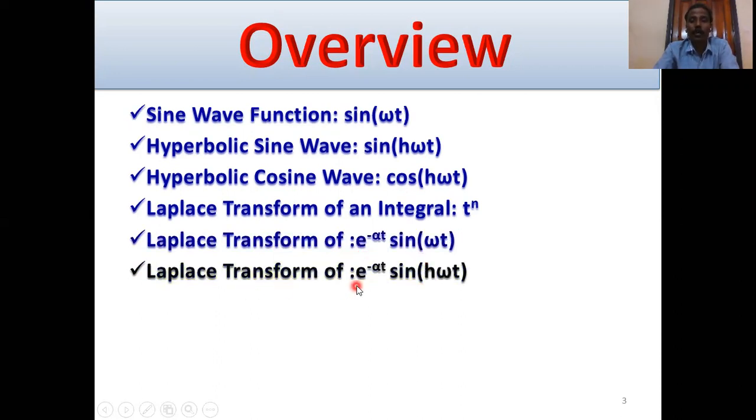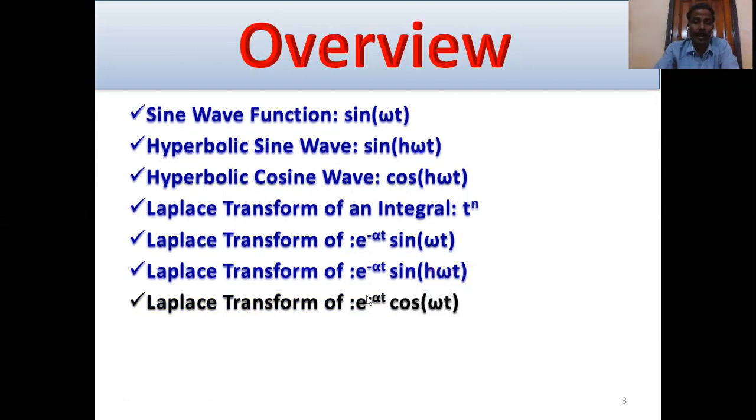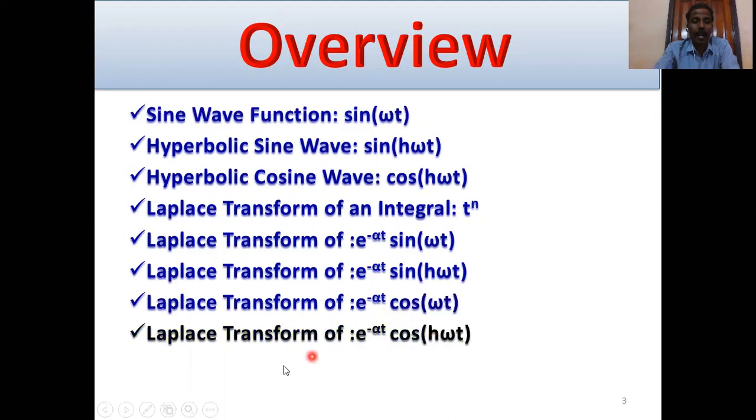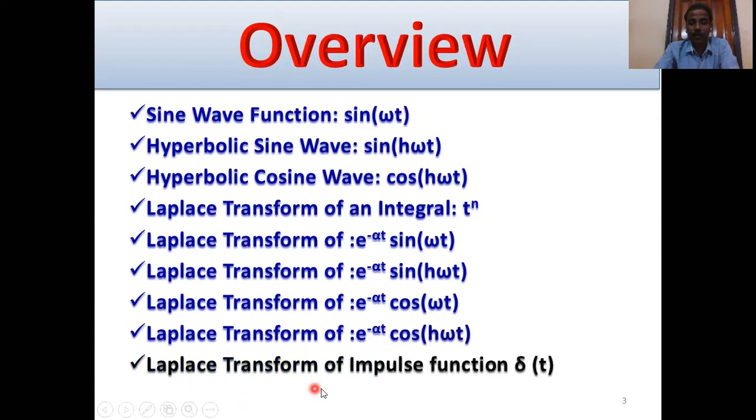Laplace transform of e to the power minus alpha t sinh omega t, where h is hyperbolic. Another overview: Laplace transform of e to the power minus alpha t cos omega t, and Laplace transform of e to the power minus alpha t cosh omega t. Laplace transform of impulse function delta t.